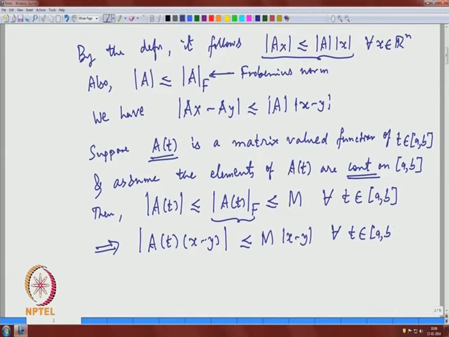That means the map x going to A(t)x is uniformly Lipschitz in this interval, and we use this fact in studying the linear system x dot equal to A(t)x.